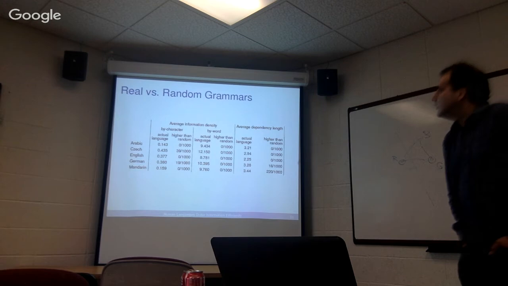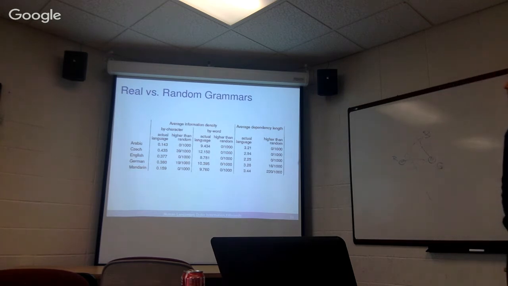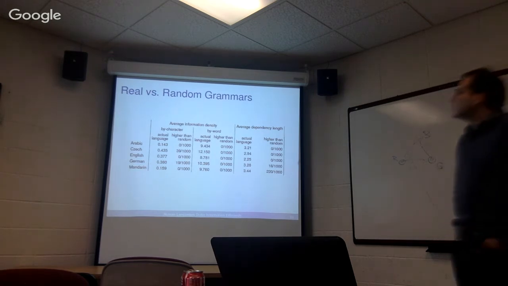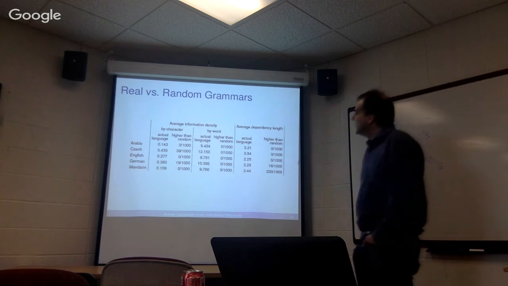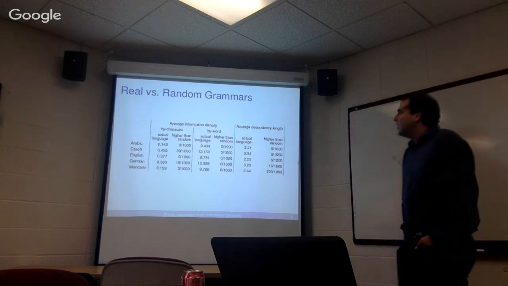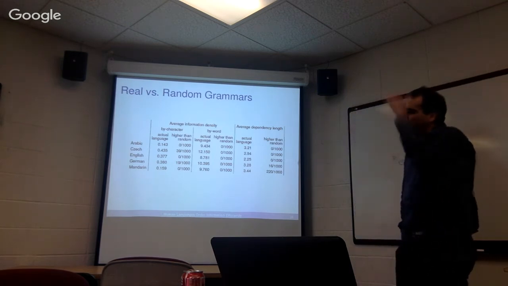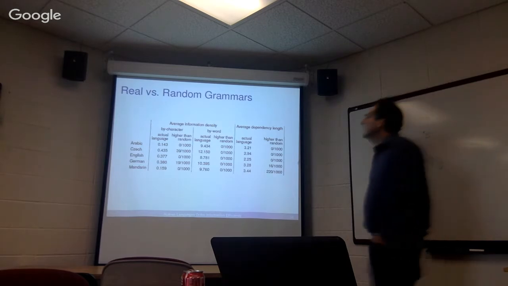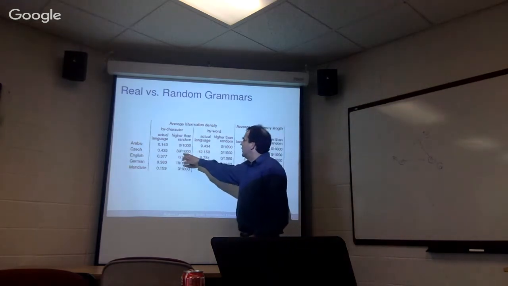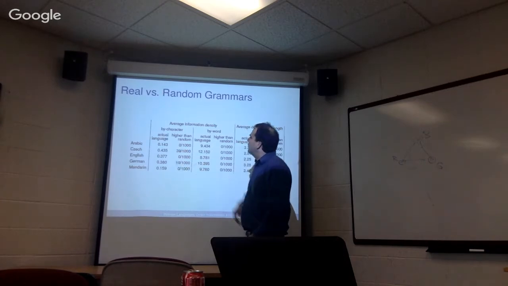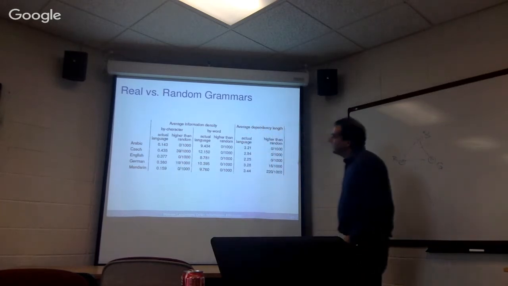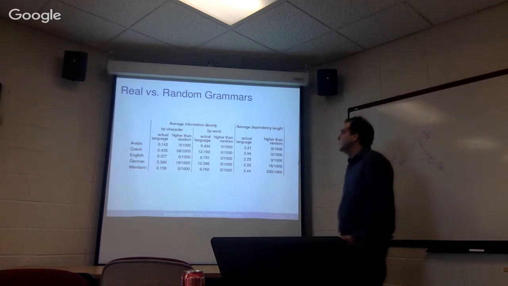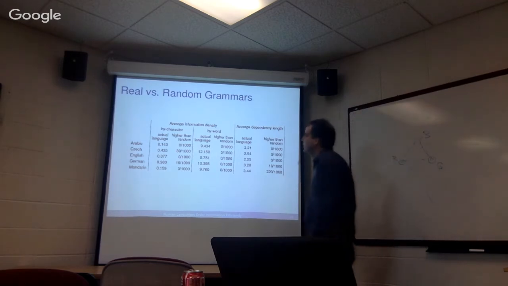And this is the numbers for the same experiment, and it's how often is the real grammar lower or better than the random grammar. So out of the 1,000 random grammars that we had, how often did the random grammar have lower information, higher probability than the real Czech word order?